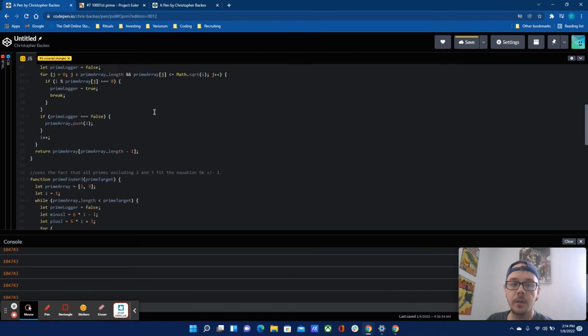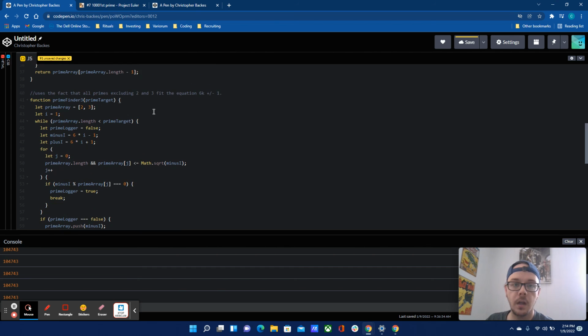There's one other high level way of cutting down the amount of numbers that you're checking. It does require a bit of extra math, but all prime numbers excluding 2 and 3 fit the equation 6k plus or minus 1. So 5 and 7 both fit this equation.